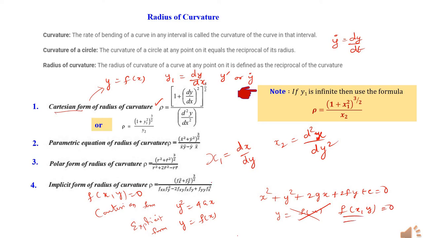So in this case, what should be the formula? This is the formula. The f suffix x stands for the partial derivative, because f is a function of both x and y.